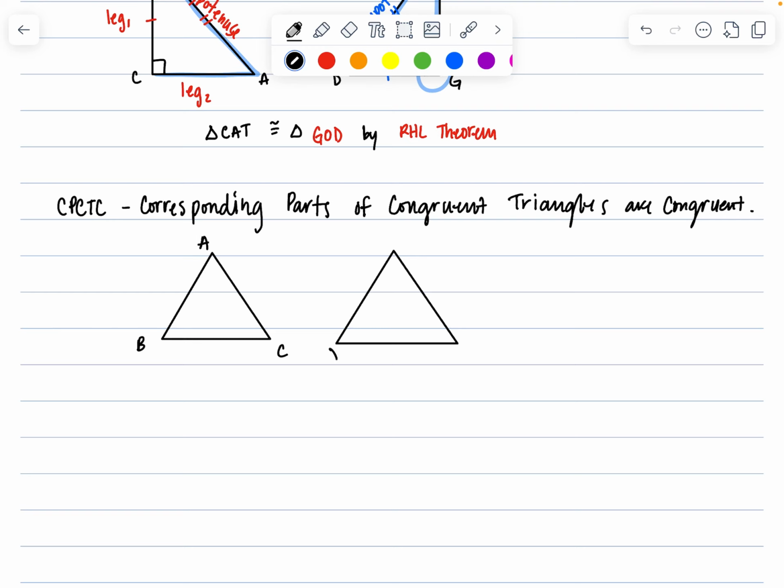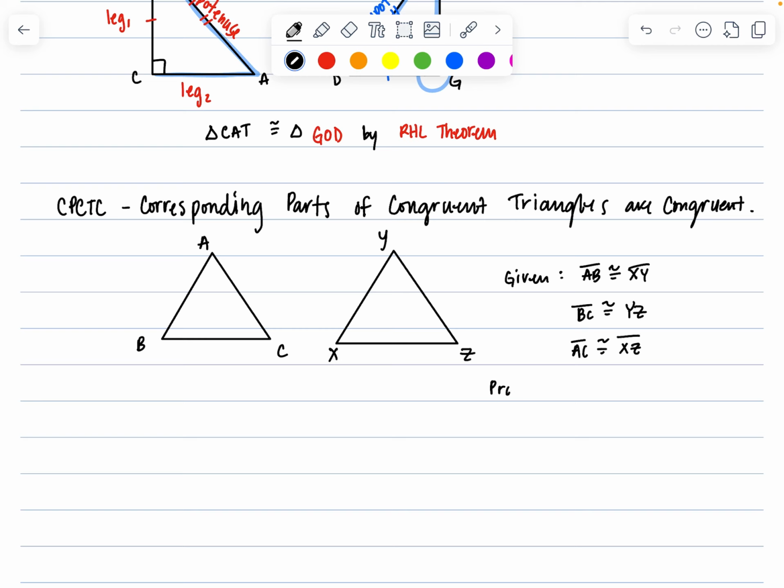ABC and then XYZ. And we don't know anything about this triangle besides, for instance, given, for instance, actually let's do all the givens. Let's say AB is going to be congruent to XY. BC is going to be congruent to YZ. And then AC is going to be congruent to the last pair is XZ.